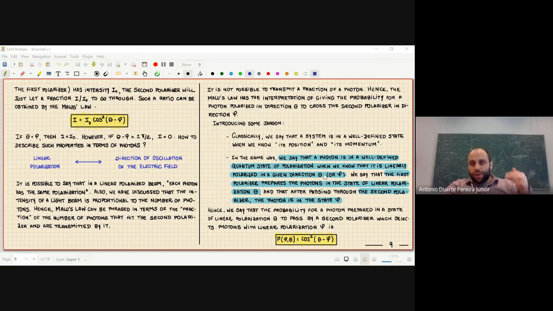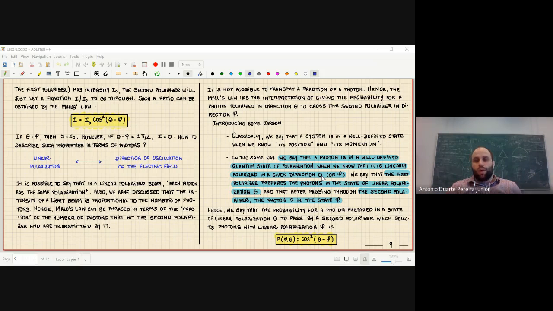So after the first polarizer, we say that the photons are in a well-defined quantum state of polarization theta. After the second polarizer, we are going to say that photons are in a well-defined quantum state of polarization phi.